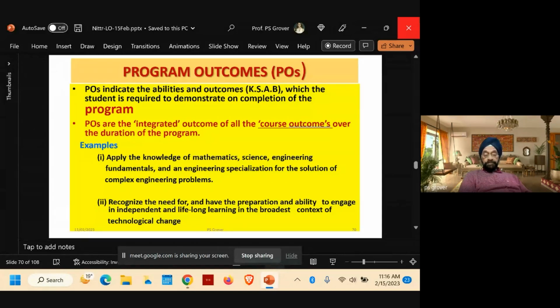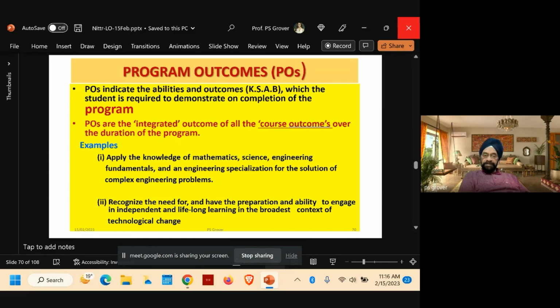Now, teachers among you who are maybe diploma teachers or degree teachers, college or university teachers, especially in professional courses, have been introduced to learning outcomes and program outcomes by NBA. But in the context of courses like MSc, BSc, UGC is trying to give these things.